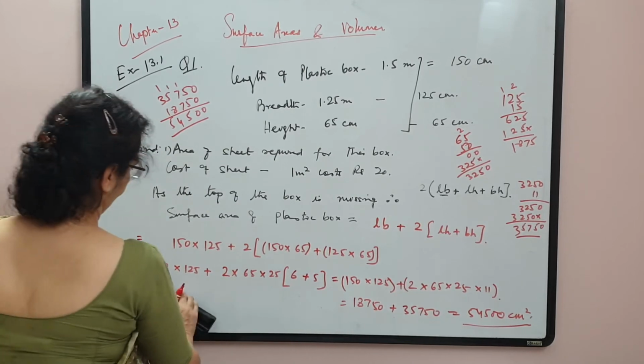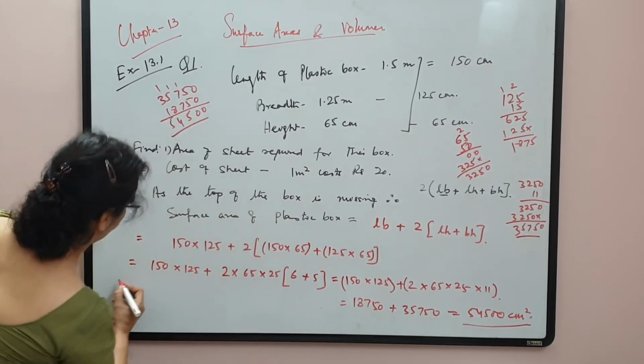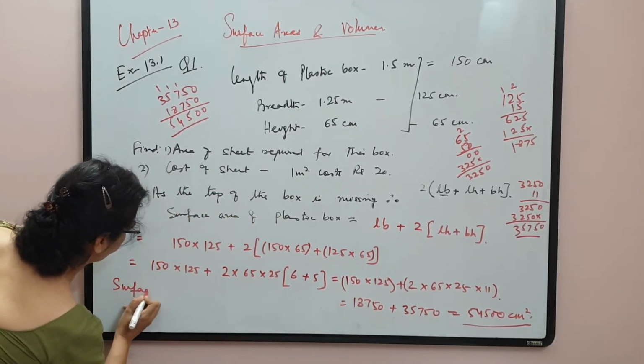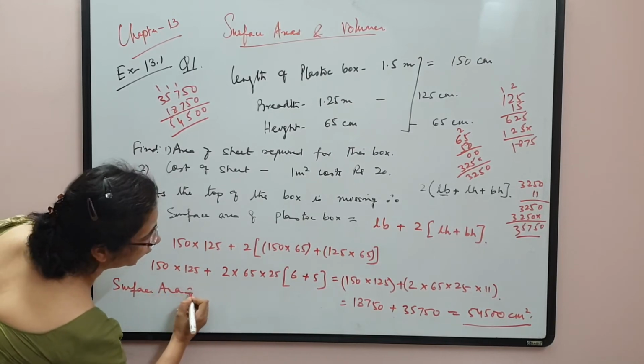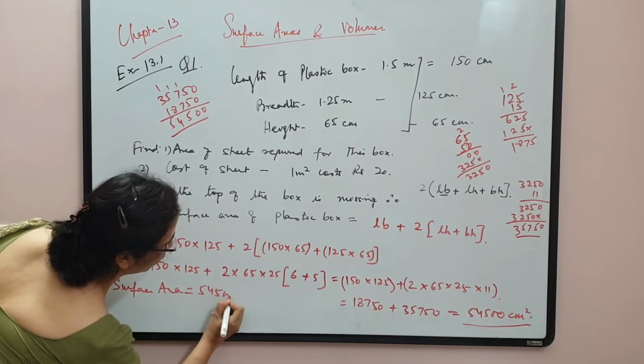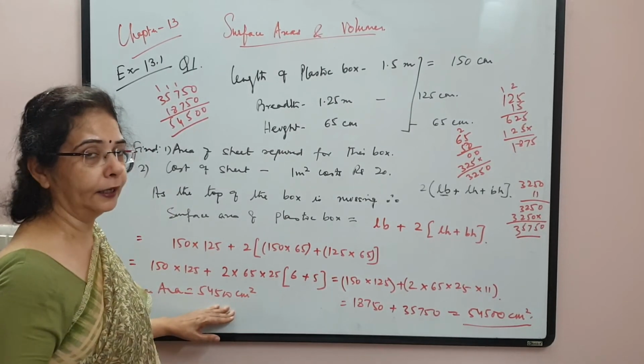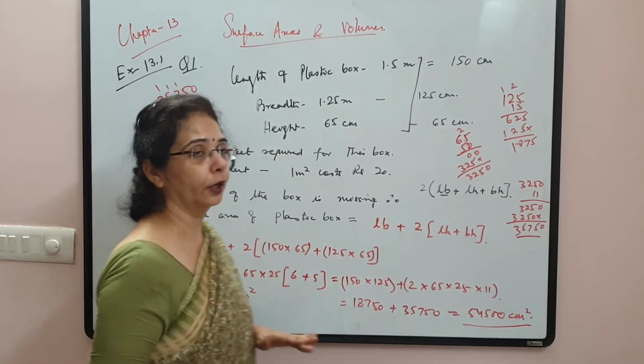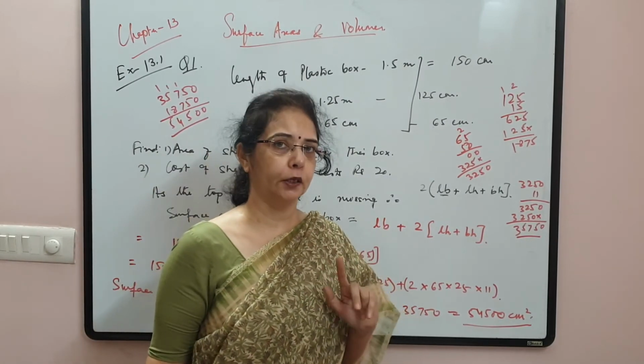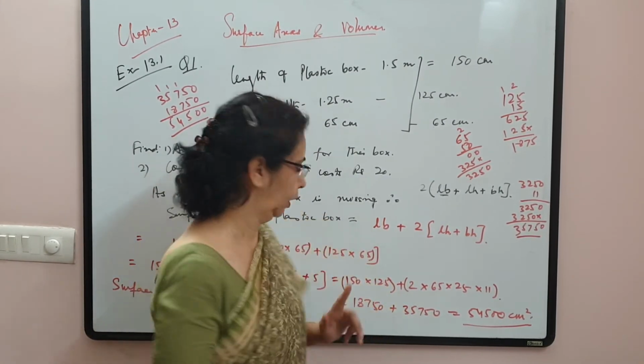Now where do I write? Now children, surface area is 54500 centimeters square. In meters, if you have to write it, then when you have to convert, children, centimeter square into meter square, you have to divide it by 10,000.